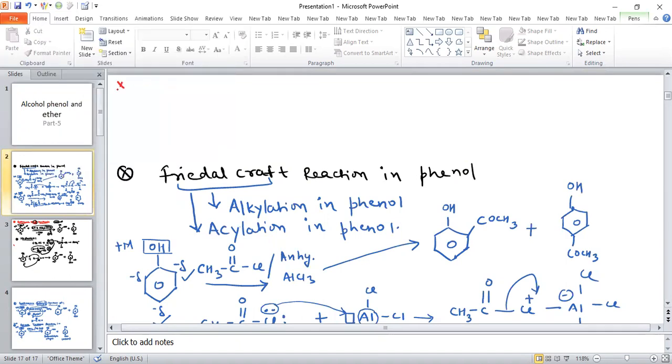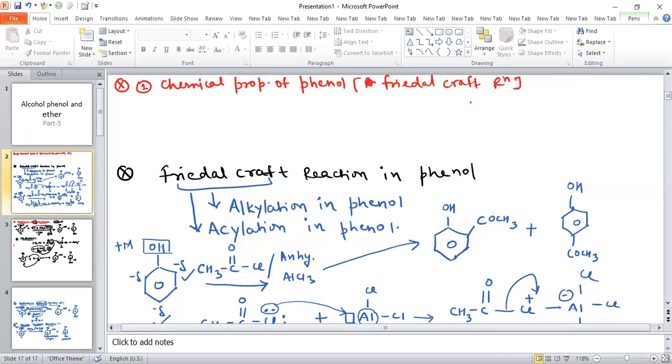We have discussed first the chemical properties of phenol, basically the Friedel-Crafts reaction, alkylation, and also acylation.